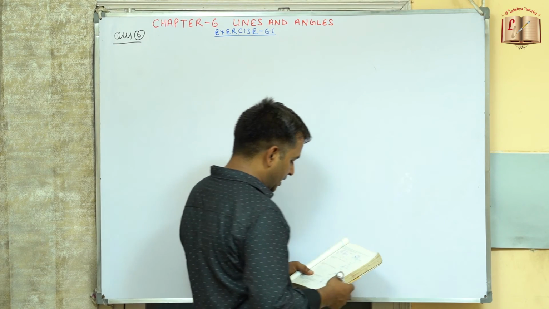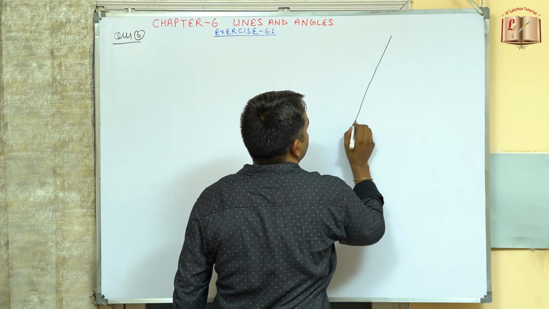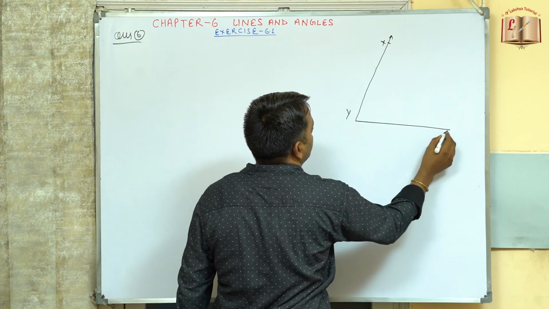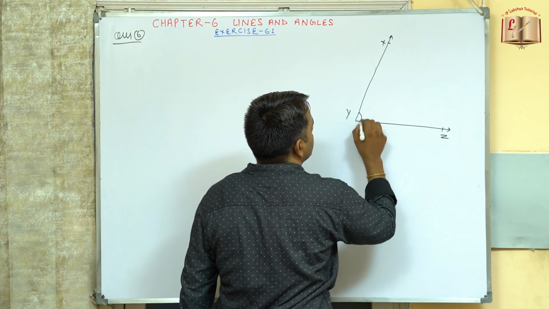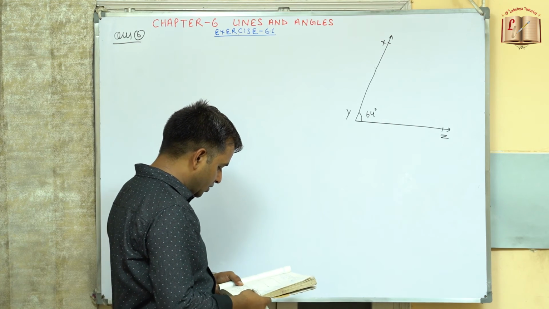So first of all, we will make an angle. This is angle XYZ as 64 degrees. This point is X, this is Y and this is Z. This angle I have formed is 64 degrees.